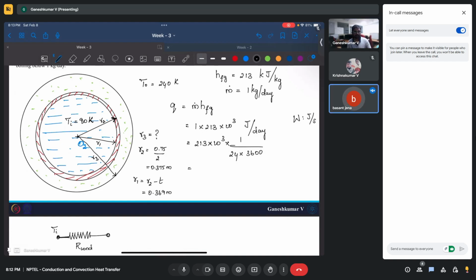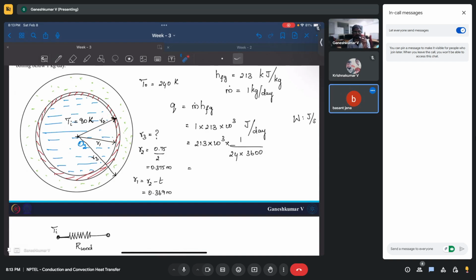Why are we not considering the air which is just trapped? Air is not trapped, we have oxygen. This is a liquid, so oxygen can move around, and because of that you can have convection here.